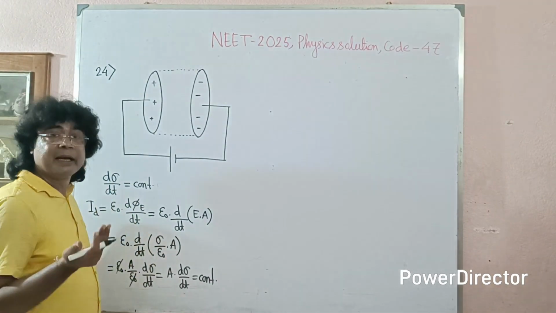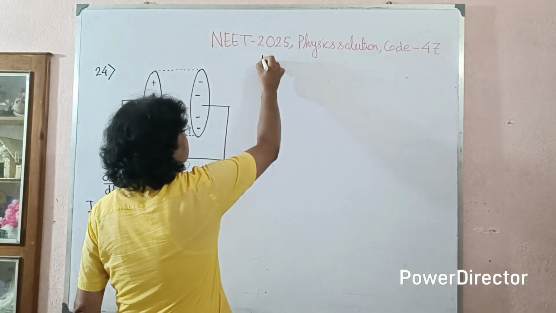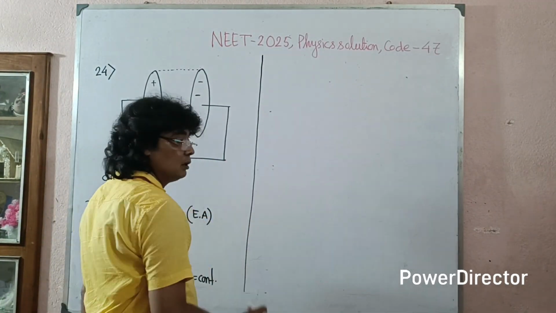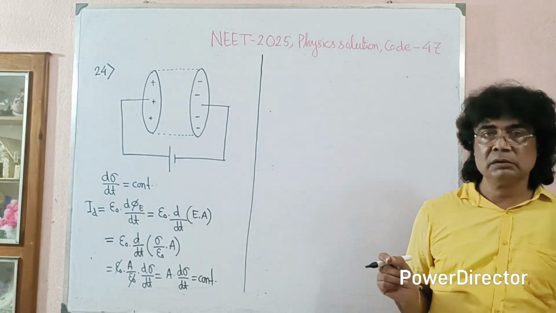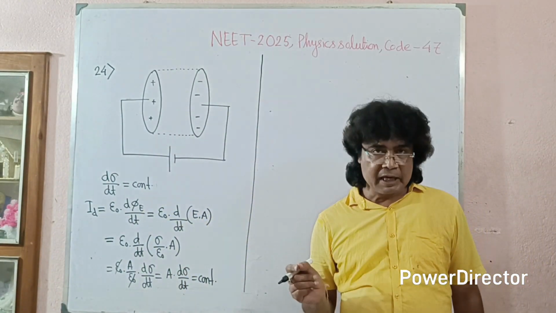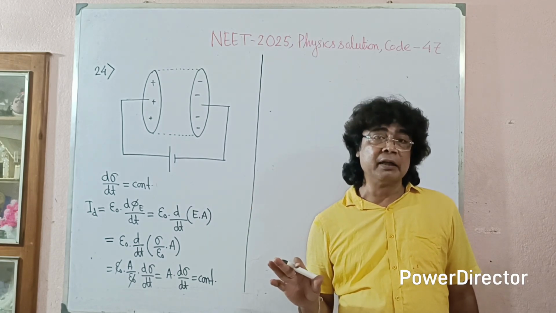We know that a constant current carrying straight long wire creates a magnetic field.